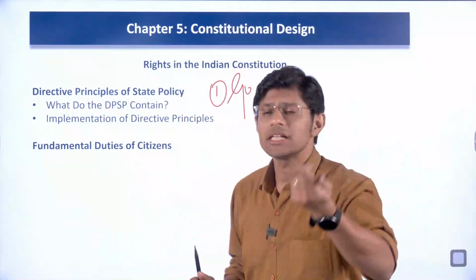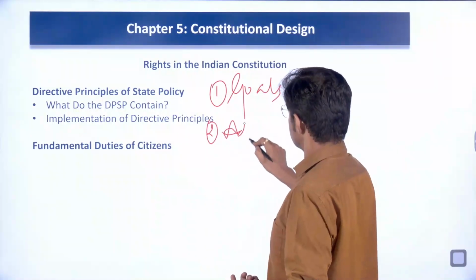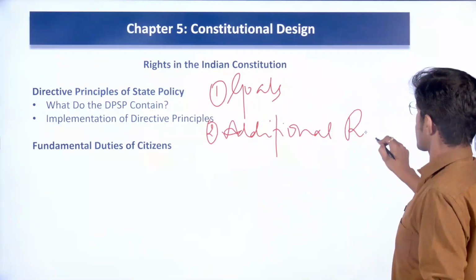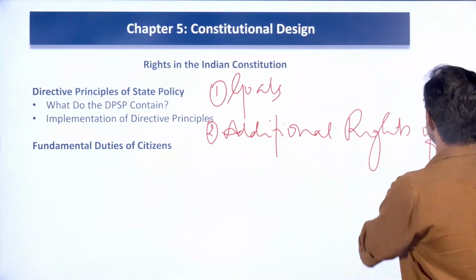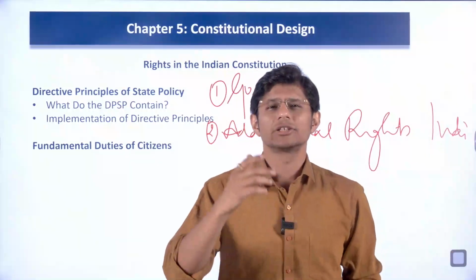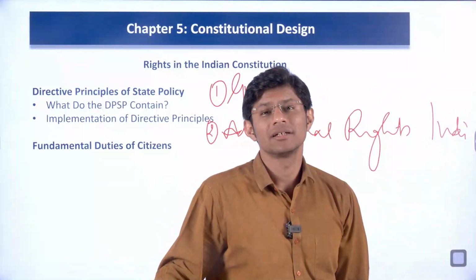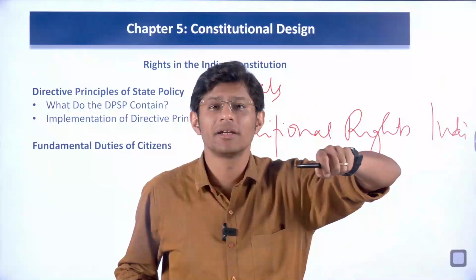Then, second, additional rights for individuals. For example, again, the social and economic rights which are beyond the fundamental rights. Right to education, which later on became a fundamental right, right?